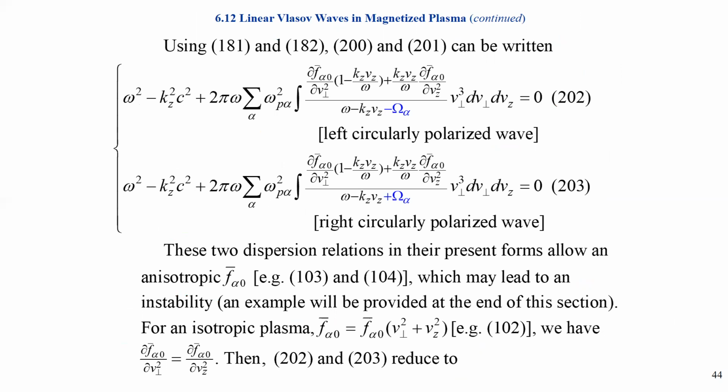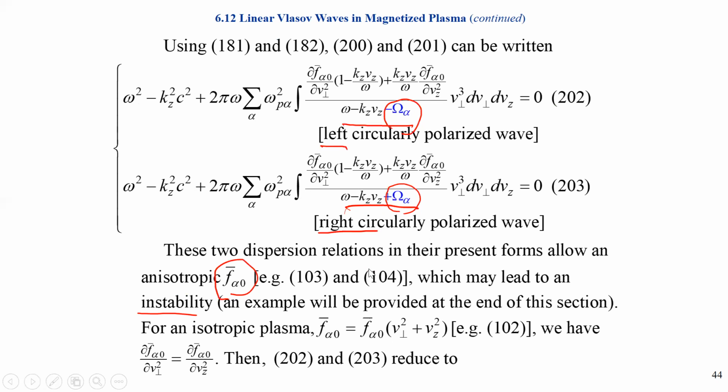Okay. We can rewrite the left-hand circularly polarized into this form, minus, and right-hand circularly polarized into this form. So right hand is plus, left hand is minus. Okay, these two dispersion relations in their present forms allow an anisotropic F_alpha0, which may lead to instability.